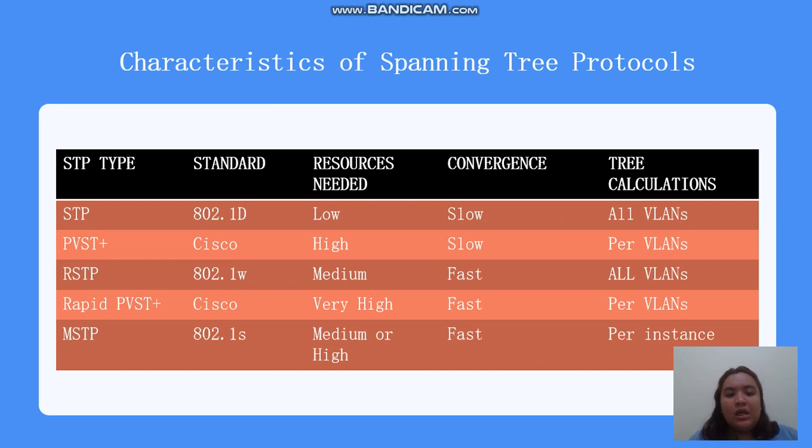So here in this table, STP type, you can see the standard, resources needed, convergence, and tree calculations. Resources needed is low, medium, high, or very high. Convergence talks about slow or fast. And in tree calculation, there are two options, all VLANs and per VLAN, and also per instance.